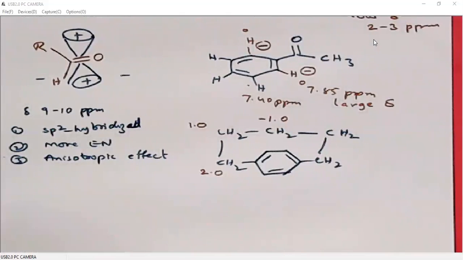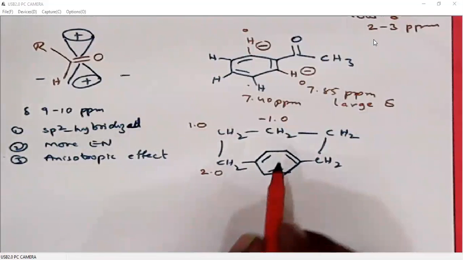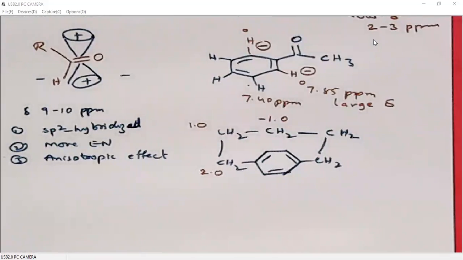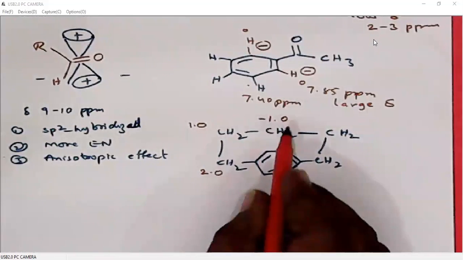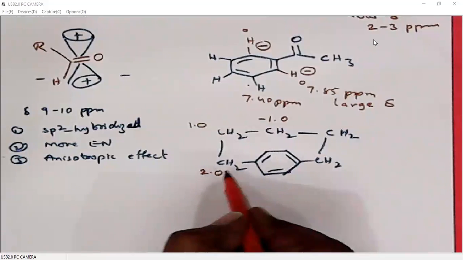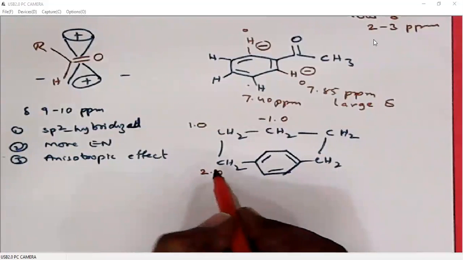Why? Because it is exactly in the shielded region. When we say it is in the shielded region, it appears at a low delta value, right? This is generally a benzylic proton, so it will appear between 2 to 3 ppm.